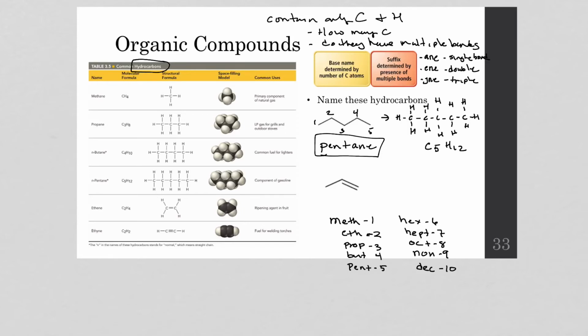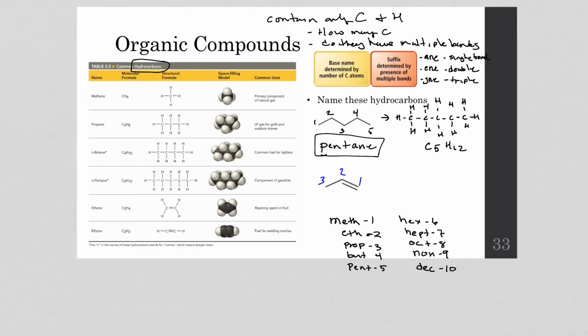Let's look at the second example here. If we count up the number of carbons, we have 1, 2, 3. And you might wonder why I've numbered it backwards. Well, traditionally, if we have a multiple bond, then we give that the lowest number. So if the double bond is over here, we start with the 1 over here. And so the numbers around the multiple bond are lower.